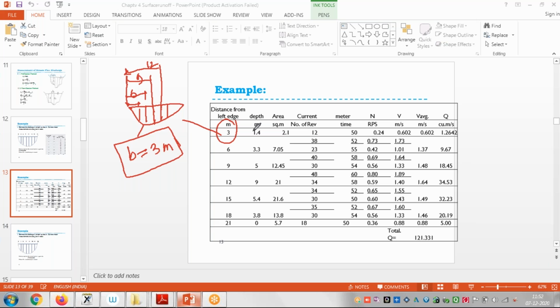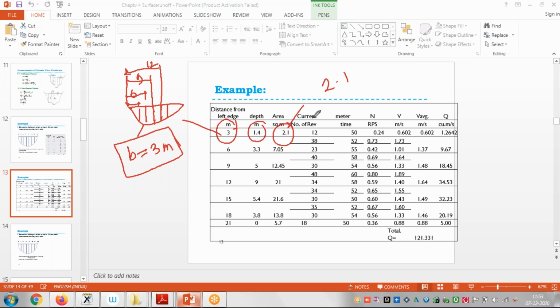And the depth is also given. Once we know the depth and the breadth, we can calculate the area. So here, the confusion was that if we multiply this 1.4 with 3, we will get how much? This will be 4.2, but here the area is coming as 2.1. So how does it come?